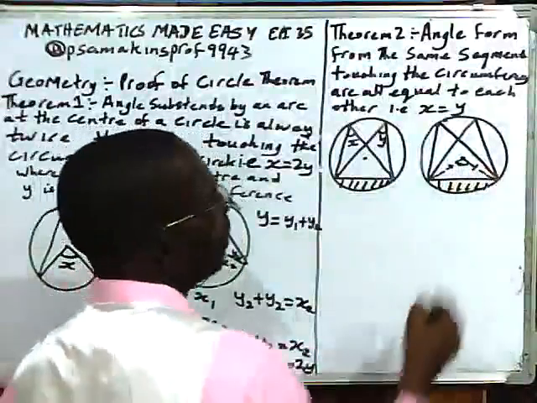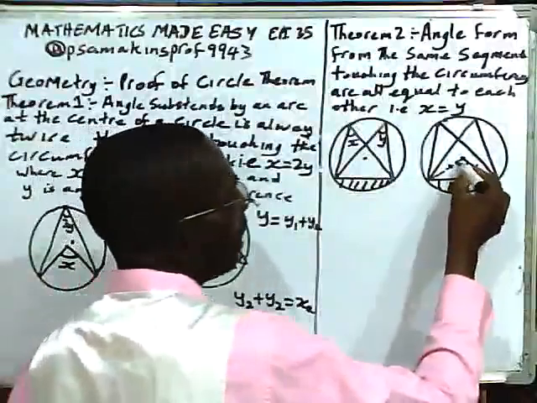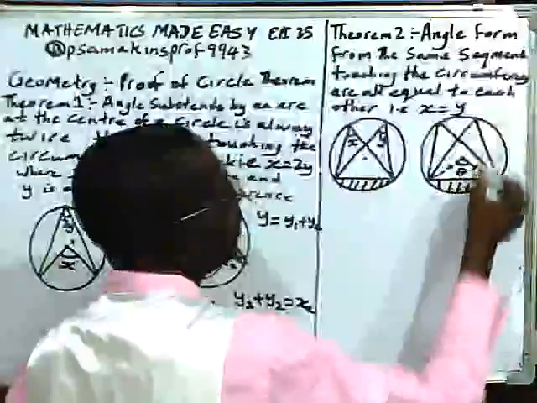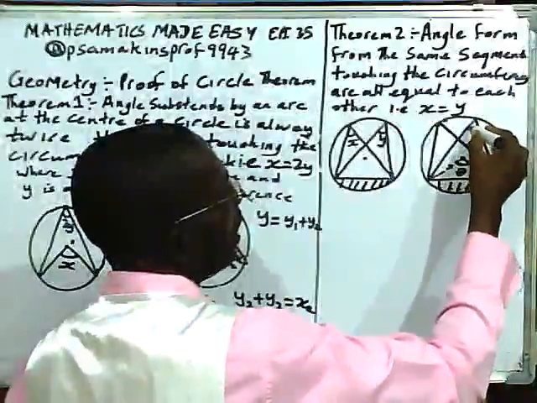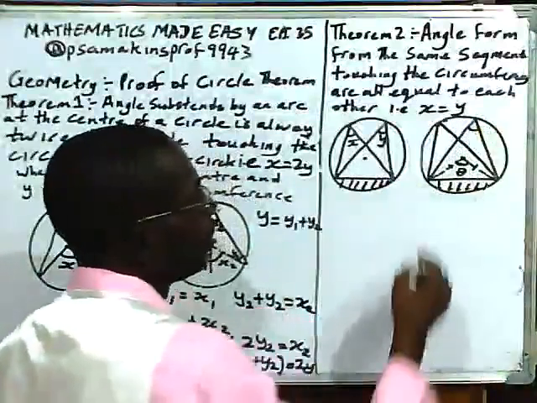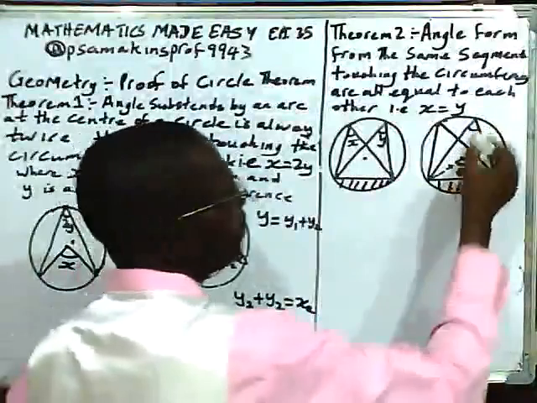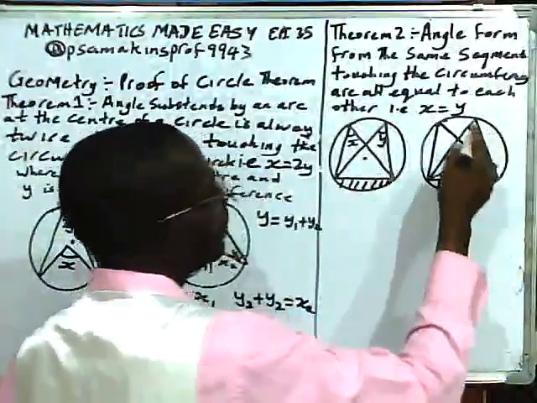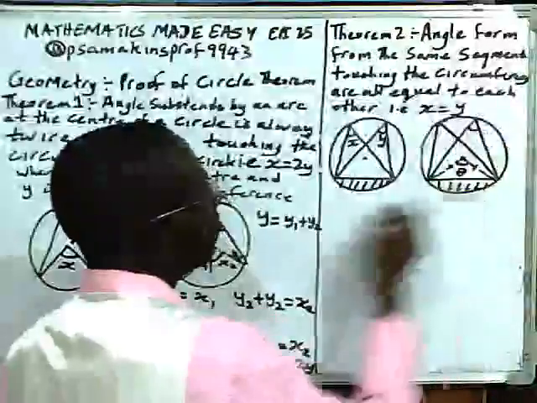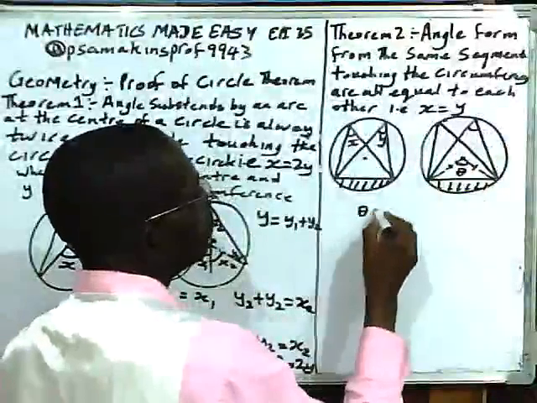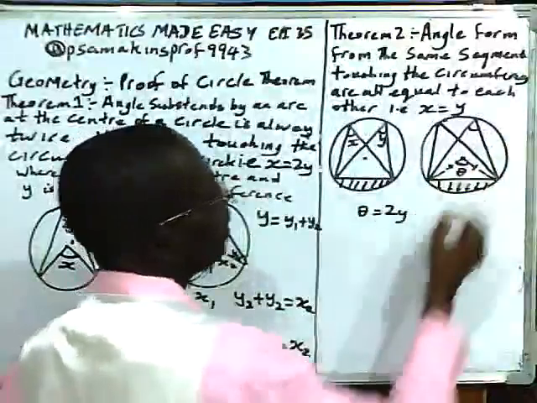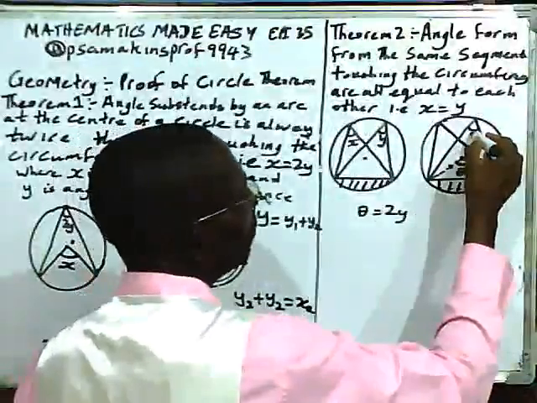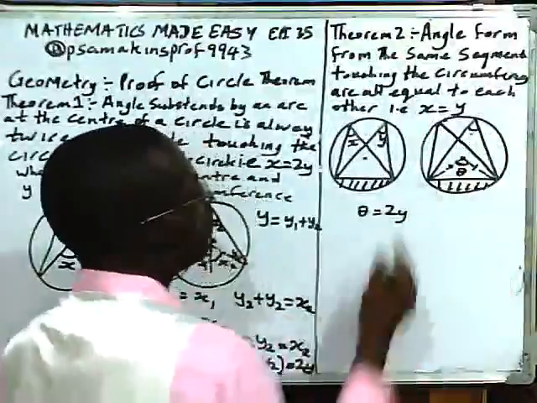According to theorem 1, the angle at the center, let's call it theta, is twice the angle at the circumference. So if the angle at the circumference is y, then theta will be equal to 2y.